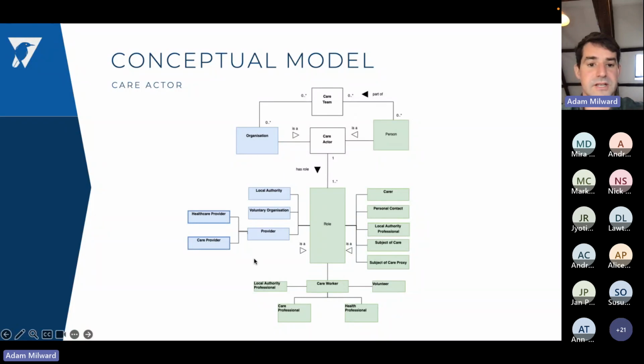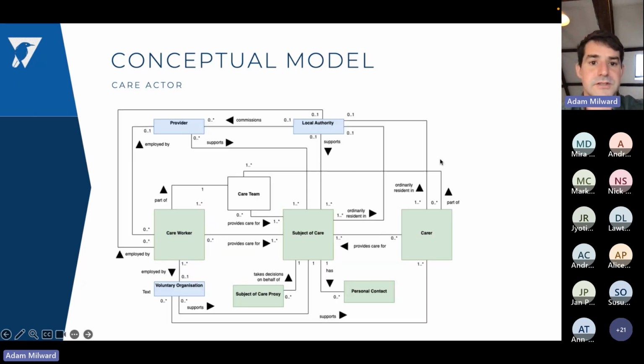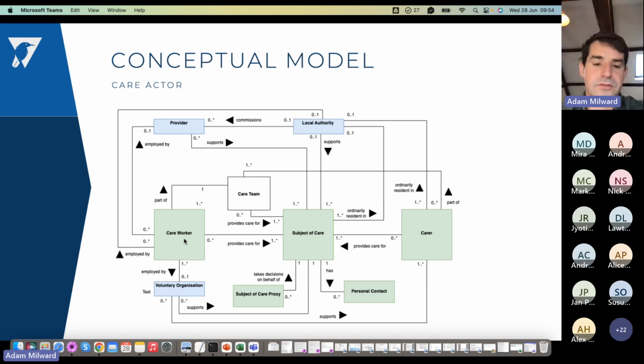An organization could be a healthcare provider in one context, but could be functioning as a local authority in another context. Then you've got care workers and care professionals, health professionals, volunteers, and local authority professionals as well. Again, those are roles that are applied to those different care actors. In terms of the main care related relationships, we've got care workers providing care for the subject of care, and carers providing care for the subject of care.